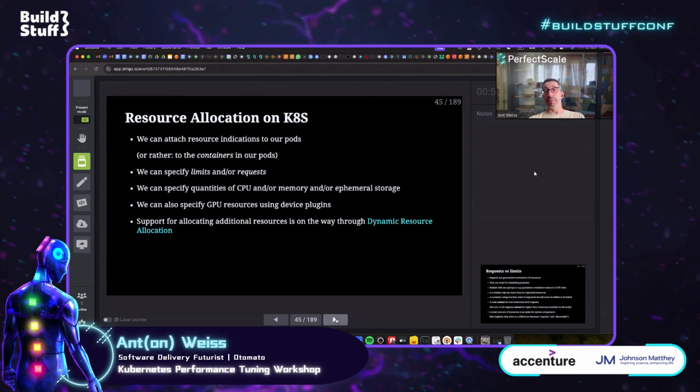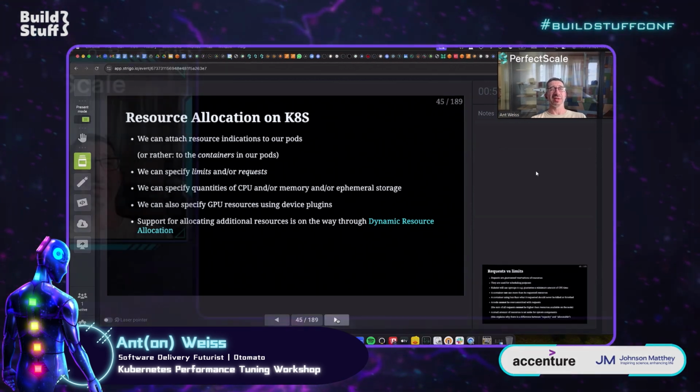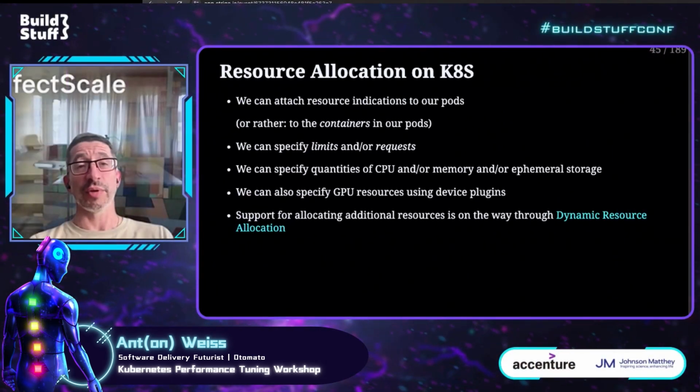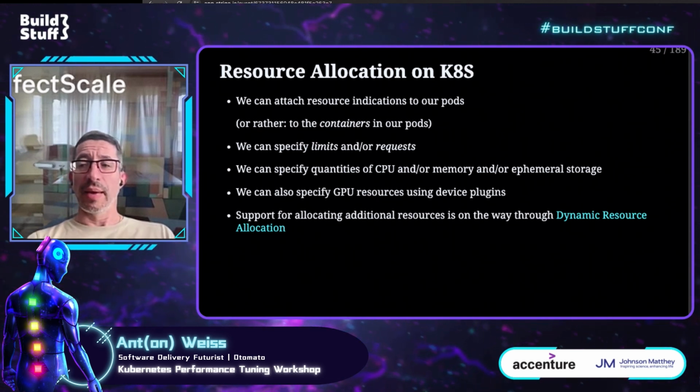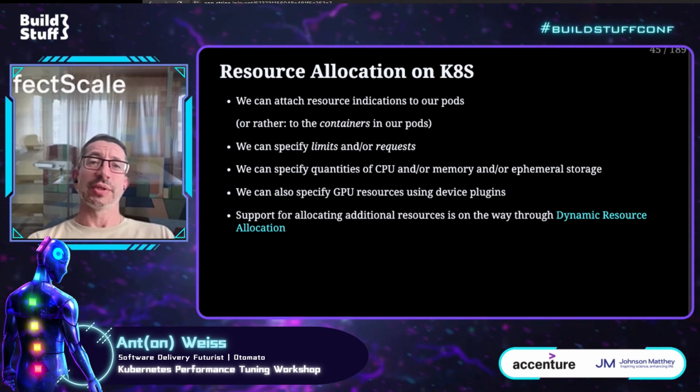Now, if we're using GPU, for example, for running language models, then we can also define GPU resources, and that is also only applicable for limits, not for requests, using device plugins. And we need to install these device plugins on our cluster, of course.